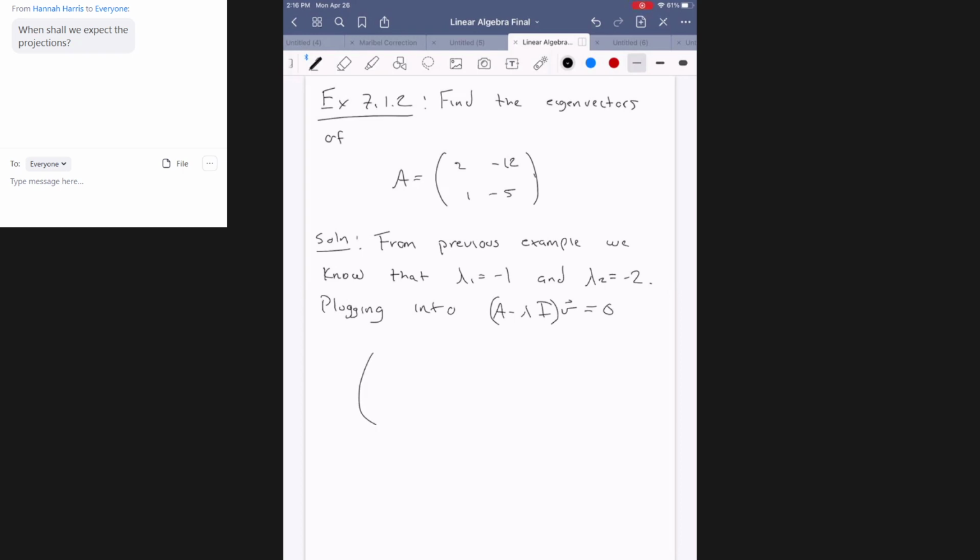Let's do lambda equals 1. If I plug that in, what do I get?